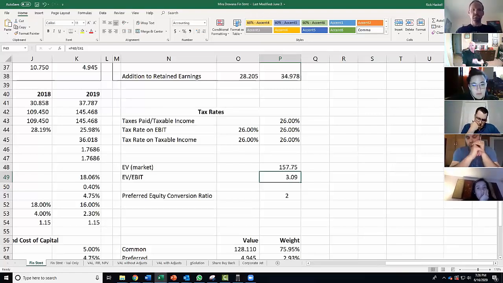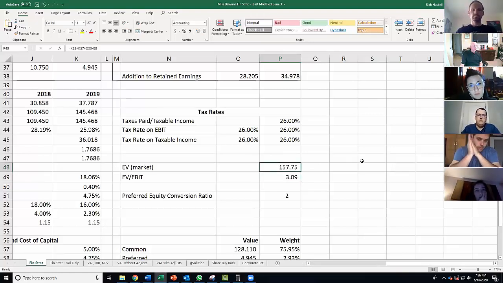Okay? Well, I know that based upon the market value of this company, its enterprise value, as of the end of 2019, which was assessed by looking at the market value of the debt and the market value that we were given for the common and the preferred and then subtracting cash, I know that this company's enterprise value was 3.09 times its EBIT.